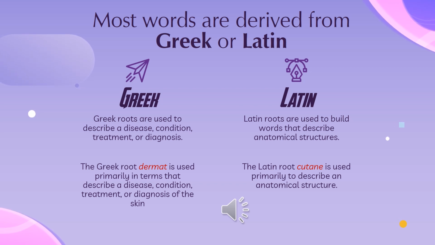Most word roots are derived from Greek or Latin language. Thus, two different roots may have the same meaning. For example, the Greek word dermatos and the Latin word cutaneous both refer to the skin. As a general rule, Greek roots are used to build words that describe a disease, condition, treatment, or a diagnosis.